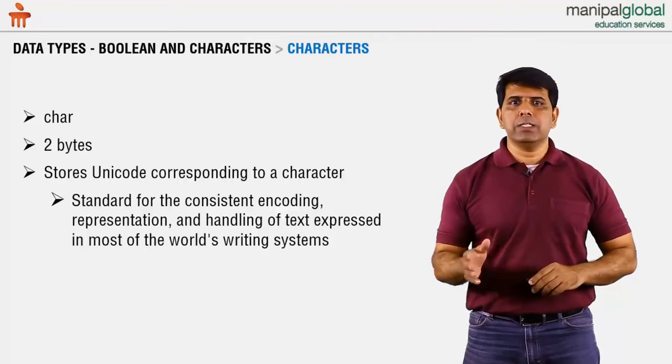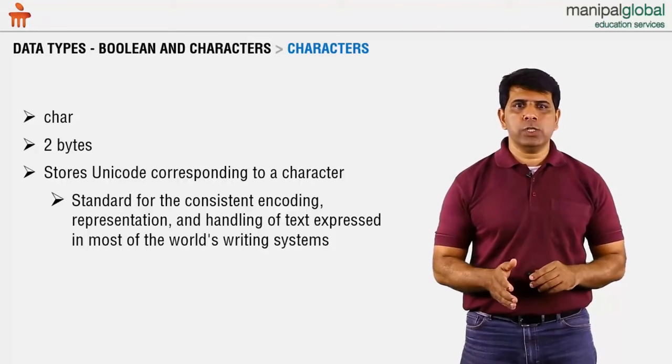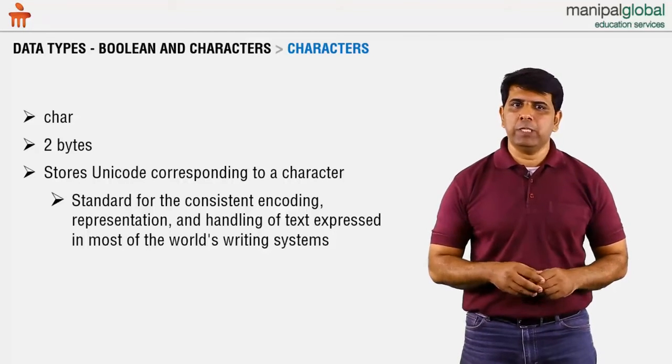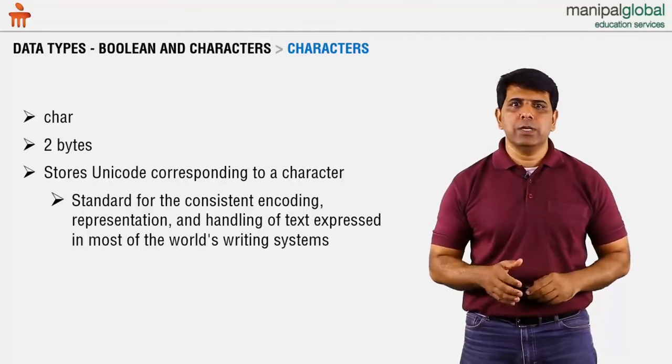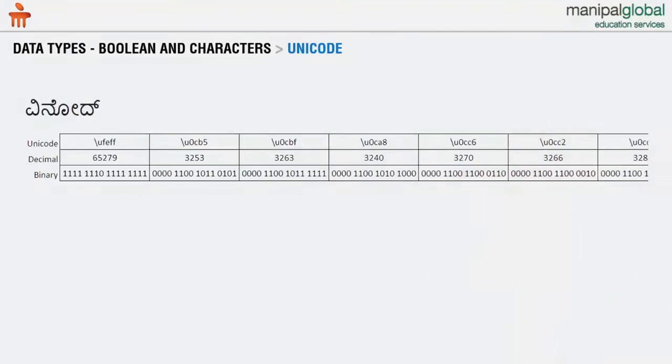It's a standard for consistent encoding, representation, and handling of text expressed in most of the world's writing systems. For example, here is a text that is written in Kannada language. Now this converted into Unicode is a series of zeros and ones, but in hexadecimal format you can also say \u and something.